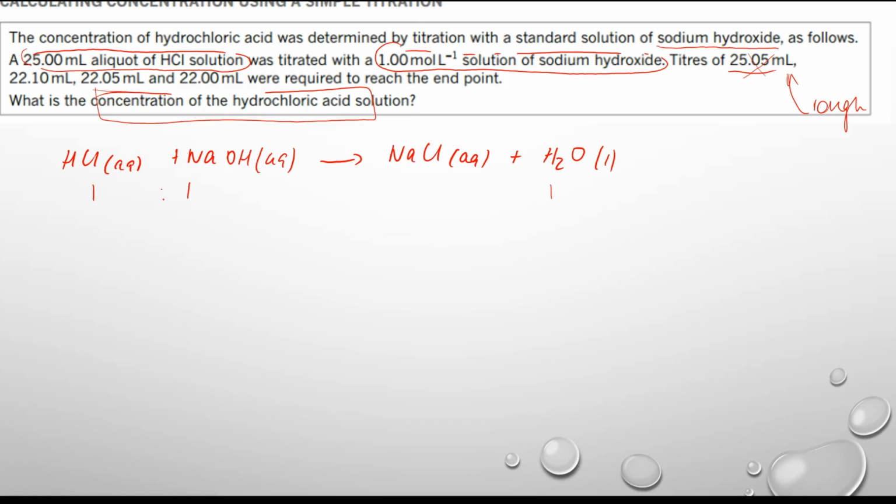So we need to discard that rough titer or any that's not concordant, and what that means is not within a 0.1 mL range, so it's an outlier. So that one has gone. So our second step now is determine the volume of the average titer. So we're now going to have to work out our average titer.